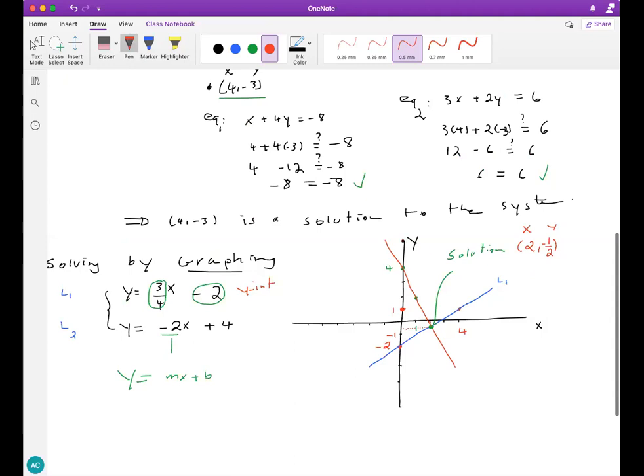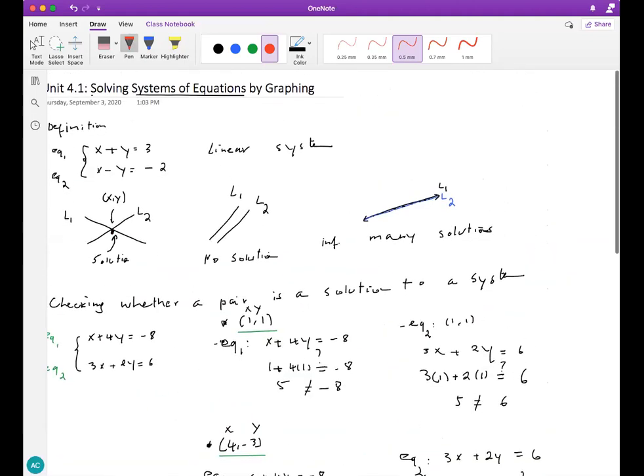When you have a system, graph both lines in the same graph, not separately. And then if they intersect, there's one solution. You read the x and y of that point. If they don't meet at all, not like this, not something like this. Don't do this and think they don't meet. No, if you extend them, these will meet. They have to be parallel like this. You can see from the graph that they will never meet.